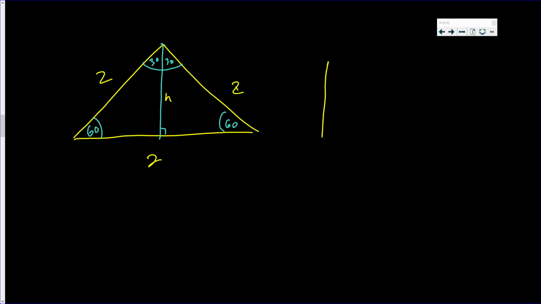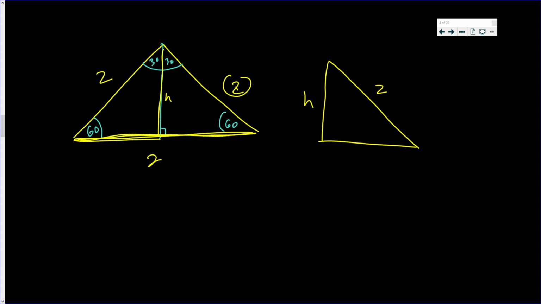Let us look at the right triangle. We have this is H, this is H, this is 2, and we know that the whole base is 2. But since it's so symmetrical, this point cuts the 2 into 2 equal parts, 1 and 1.